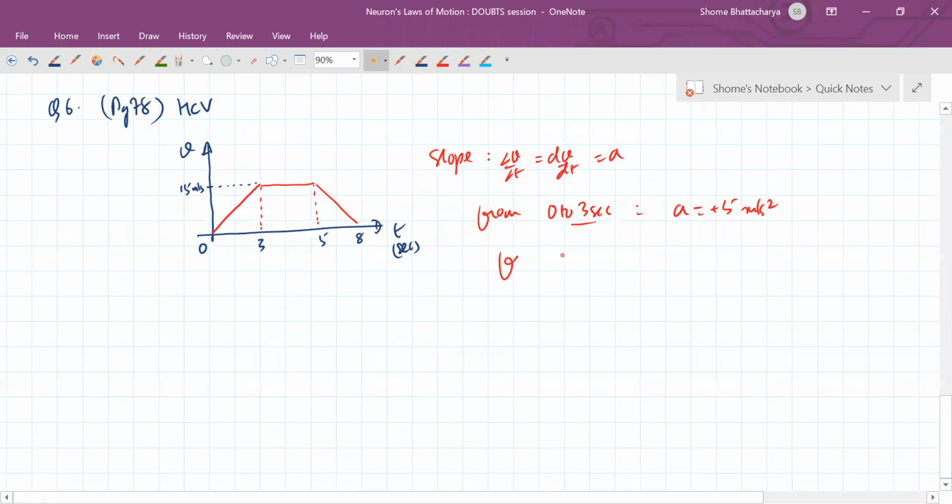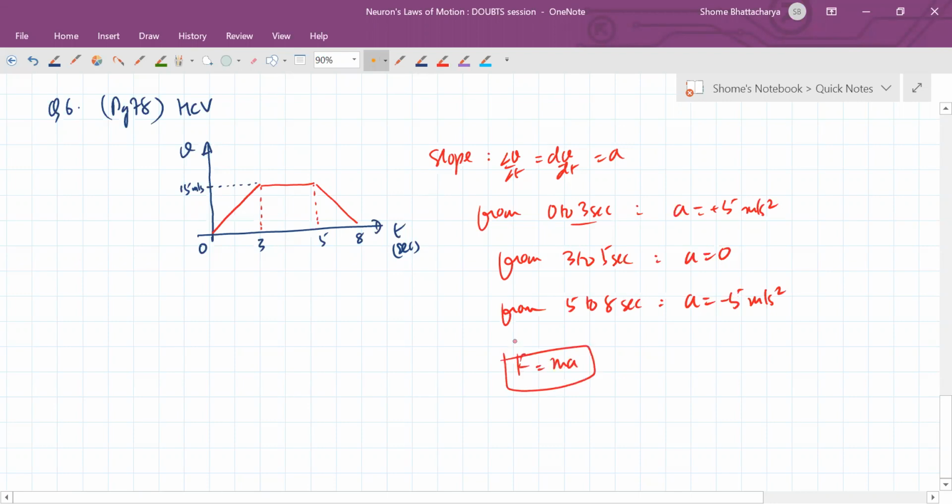Then from 3 to 5 seconds, the acceleration is 0. And then from 5 to 8 seconds, there's a deceleration. Okay. So now just use F is equal to ma. Right, understood, Shikar?